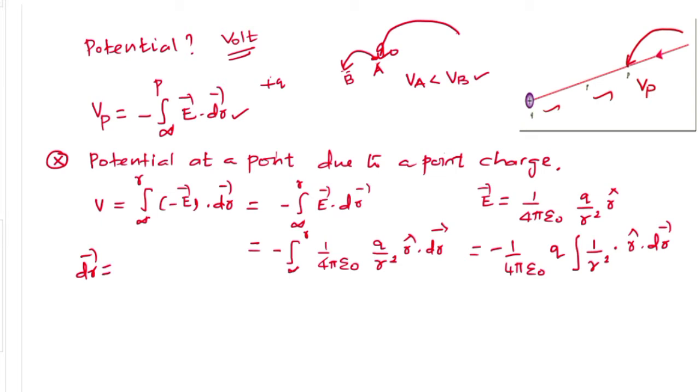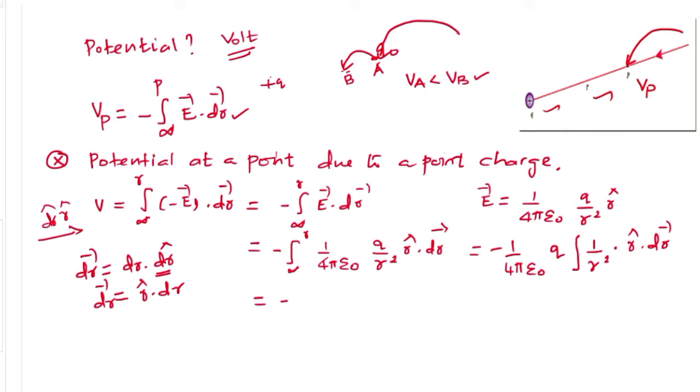Dr vector is dr into dr cap. In fact, dr cap has the same direction as r cap. So r cap into dr, that is your dr vector. As far as direction is concerned, both are in the same direction.